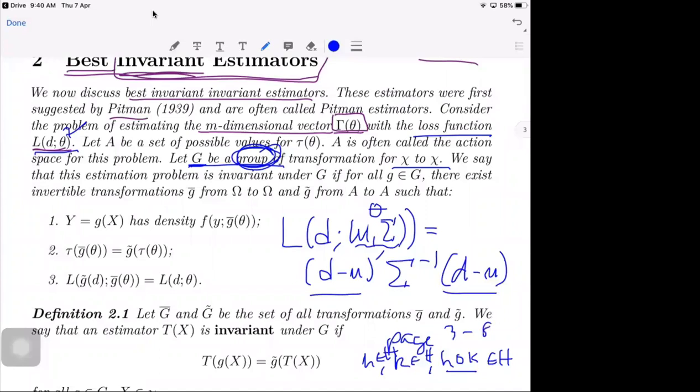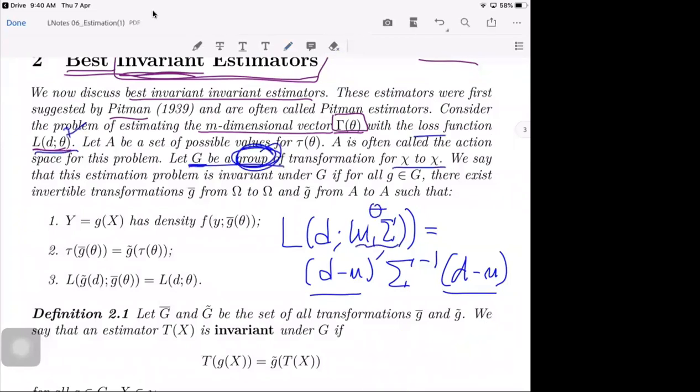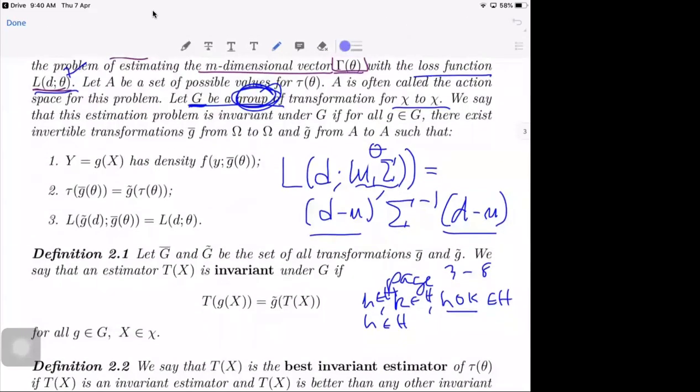And another thing is, if we have an h in H, the inverse of h should also be in H. If these two conditions, the composition and the inverse, are closed under the said operation, then we say that this group of functions is a group, no?